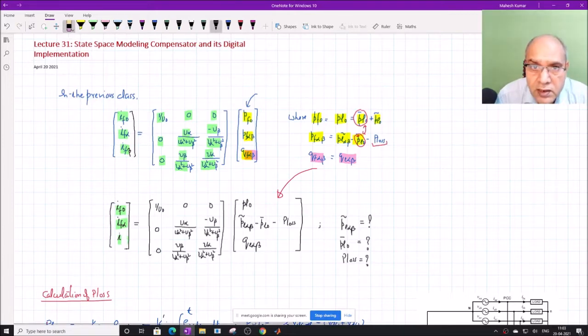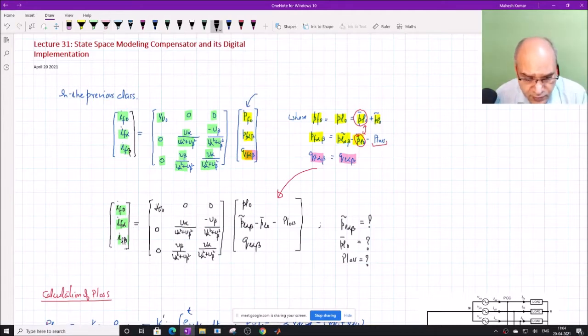It is IF beta. So this has to be equal to the same voltage matrix here, multiplied by these power components PL0, PL alpha beta tilde minus PL0 bar minus P loss. Together we have defined this as delta P.